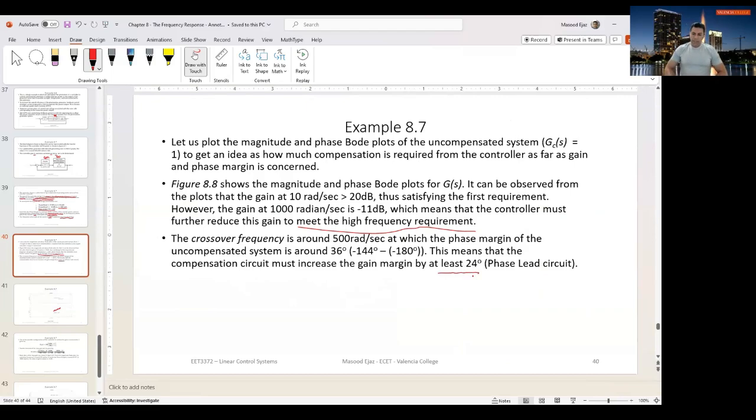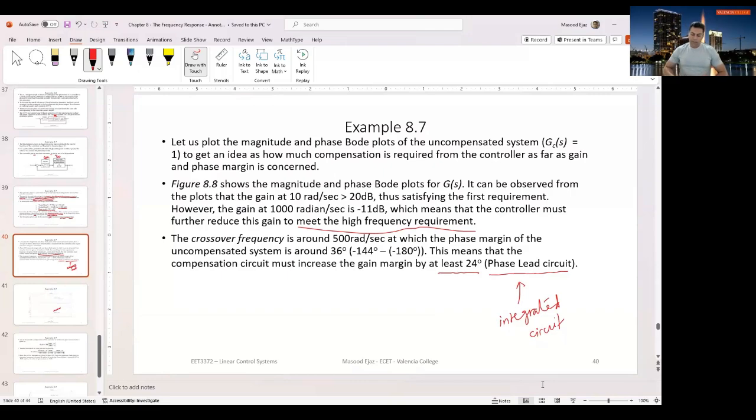So since it has to increase the phase margin by 24 degrees, that circuit is called the phase lead circuit, in that it is leading the phase at the output with respect to the input. And this is one of the circuits that we are going to discuss in linear integrated circuits: how to create phase lead and phase lag circuits using operational amplifiers, such that you can change the phase of the output with respect to its input.